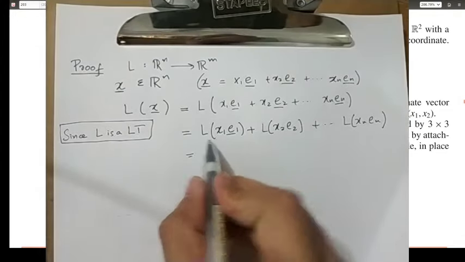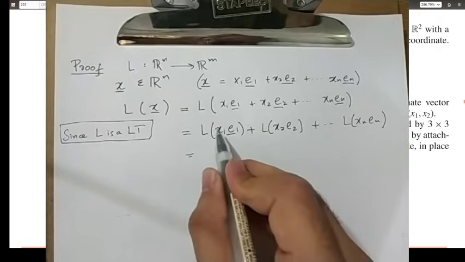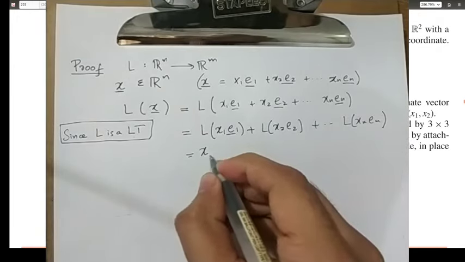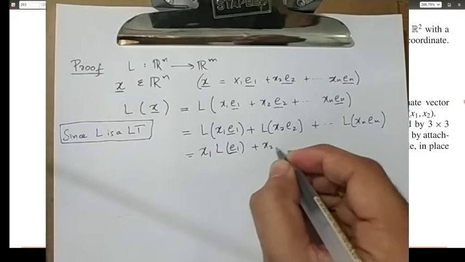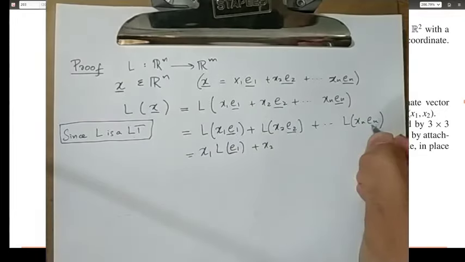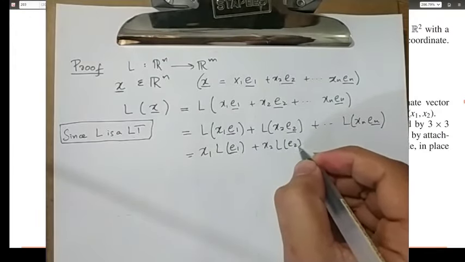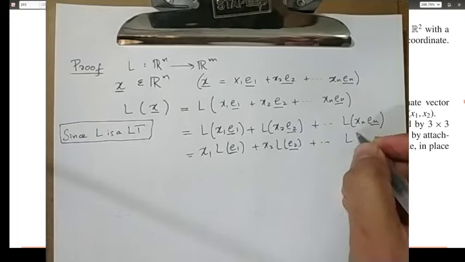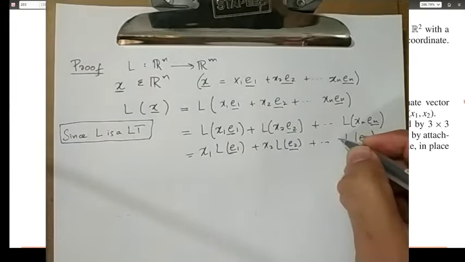Again, we apply the definition that scalar multiplication in the input becomes scalar multiplication in the output. Remember that the e's are vectors and the xi's are scalars. So x1 L e1 plus x2 L e2 plus up until xn L en.